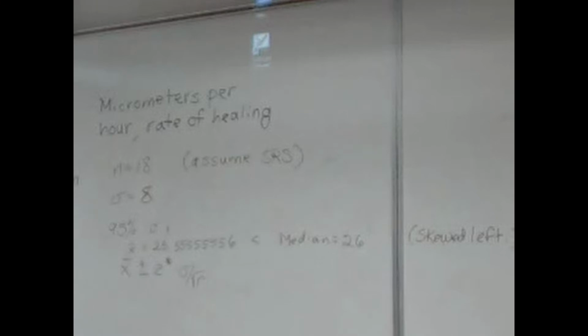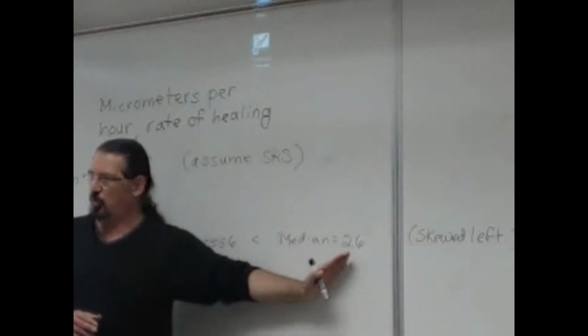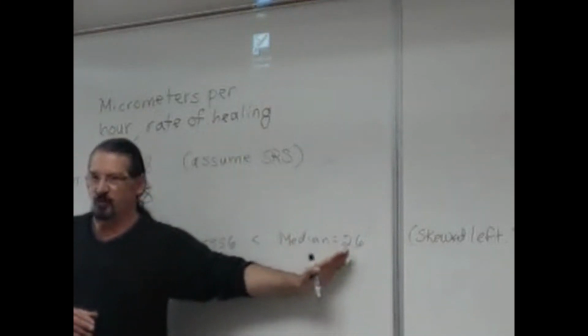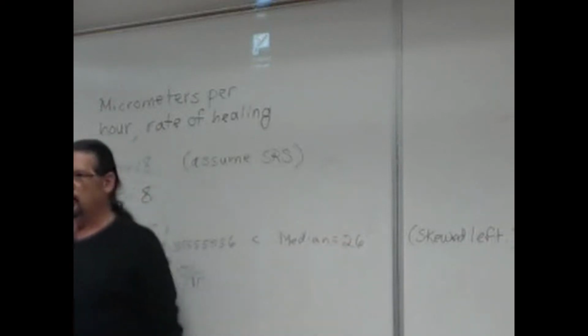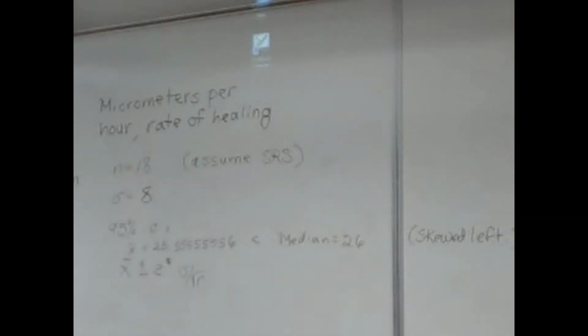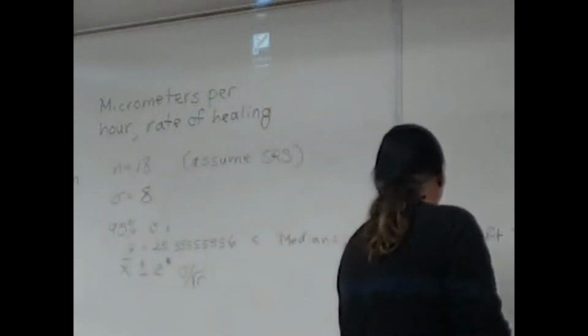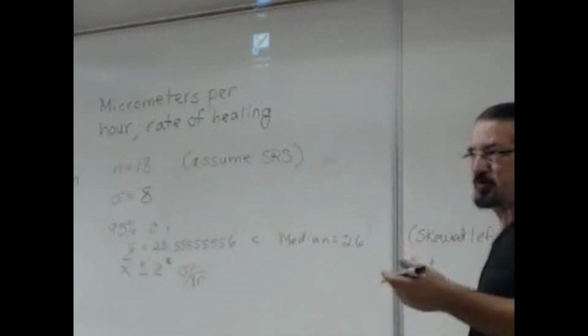So we're going to acknowledge the fact that maybe it's not normal. From what we see from the sample, it's skewed left. We're going to assume that it is normal, though, and proceed. Okay? We'll proceed with caution.